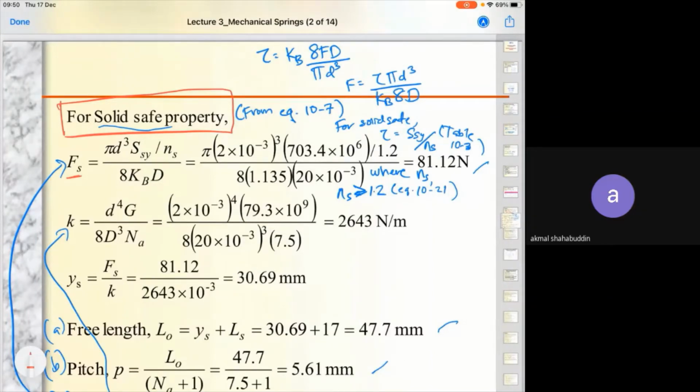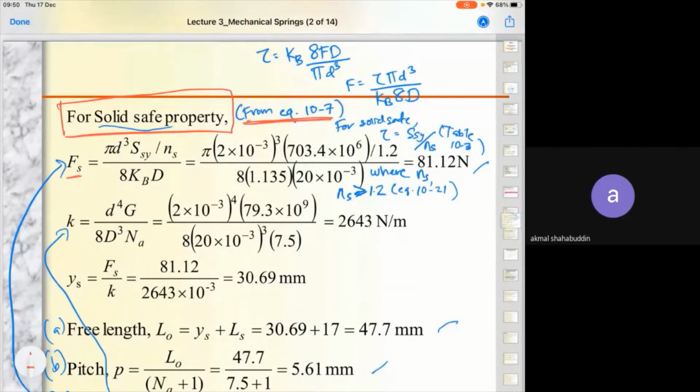Meaning apa force yang kita perlu ni? Shear force yang allowable. So bila shear force yang allowable, kita kena ada influence of factor of safety. So Fs sebenarnya yang ni, equation ni adalah daripada equation 10.7.